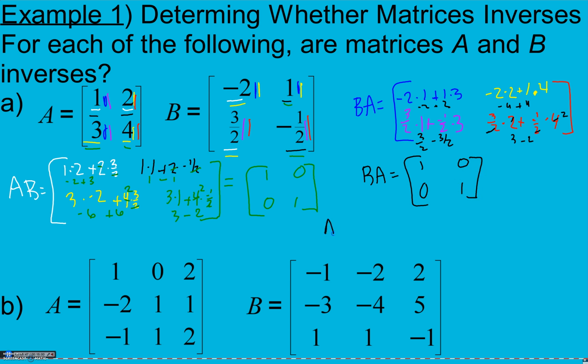So here we have A times B equals B times A equals our identity, 1, 0, 0, 1. So, are these matrices inverses? Yes, because A times B equals B times A equals our identity.